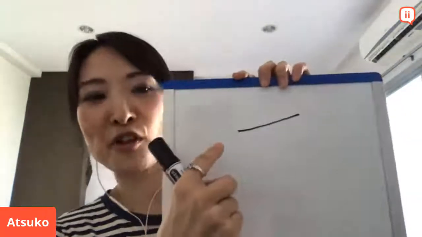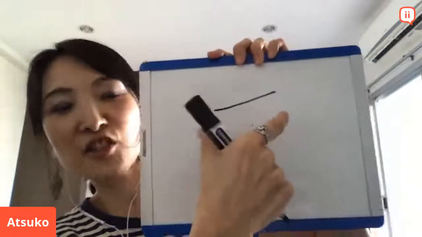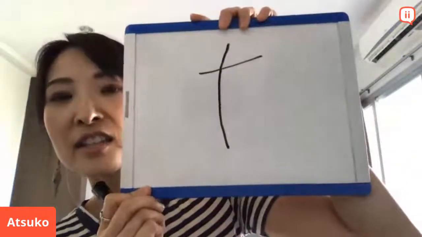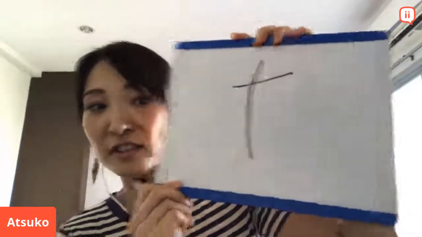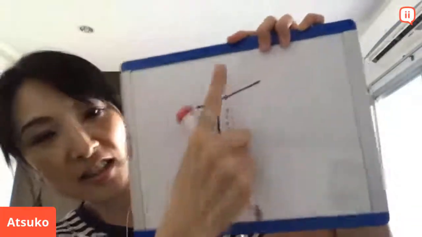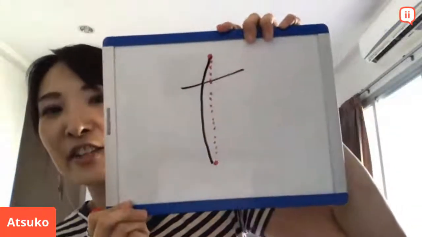This is the first stroke. It's not so long. And the second stroke is, look, this is not straight. But the starting point and finishing point are on the same line. This is a center line.